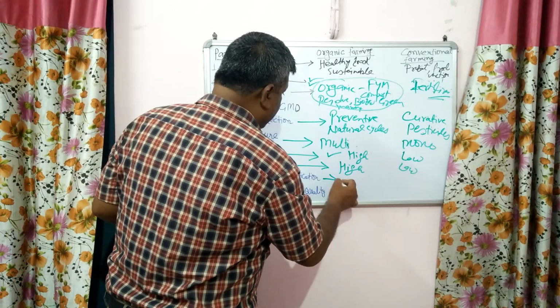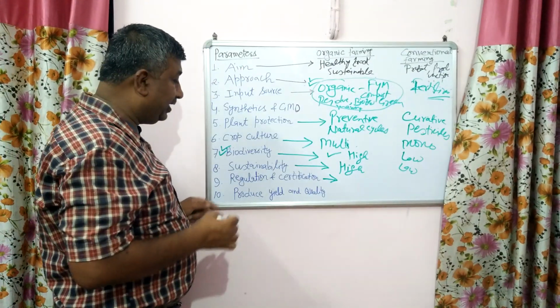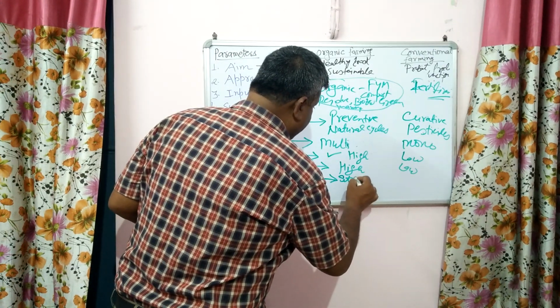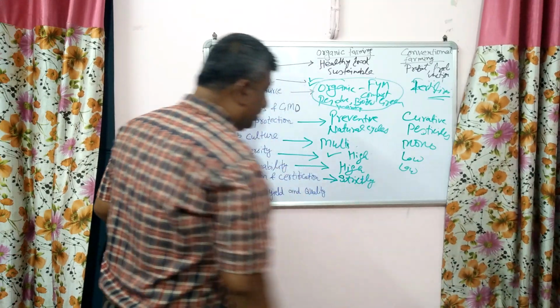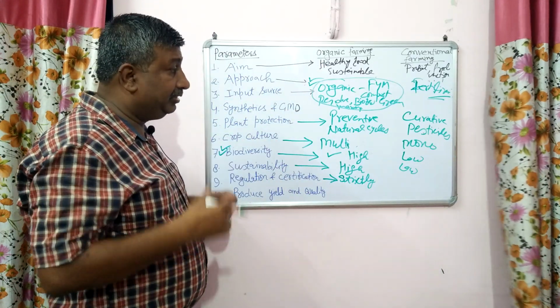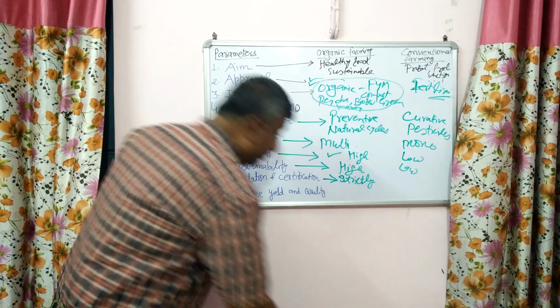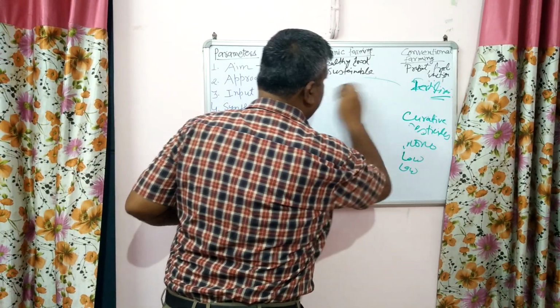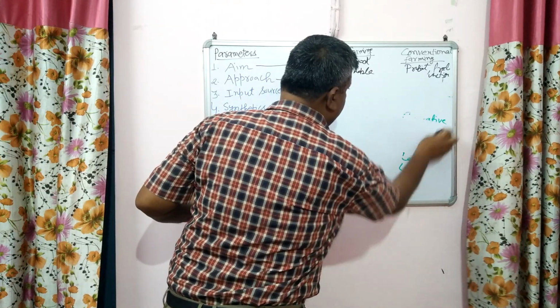Then the production in organic farming is strictly regulated and strictly monitored. Some national and international agencies have regulations on organic production. Some certification and some standards we have to follow in organic production.